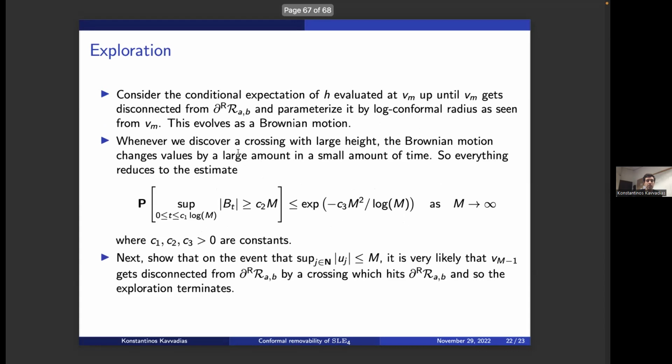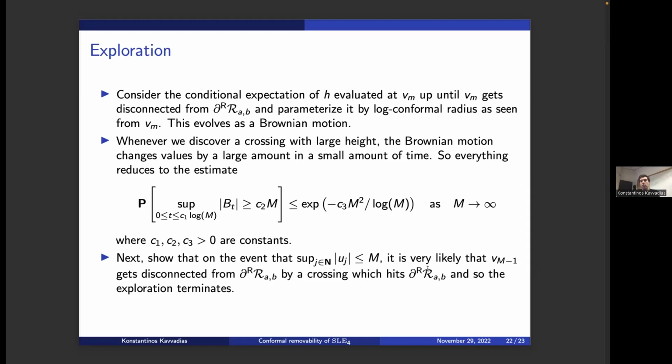So this means that it's very unlikely that we discover a crossing with very large height. So conditional on that event, if we consider the point V capital M minus 1, which is the point which is closest to the red side of the rectangle, then this point is very likely to be disconnected from the right side by a crossing which actually hits the right side of the rectangle.